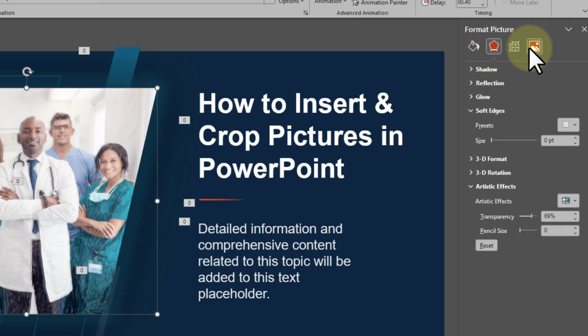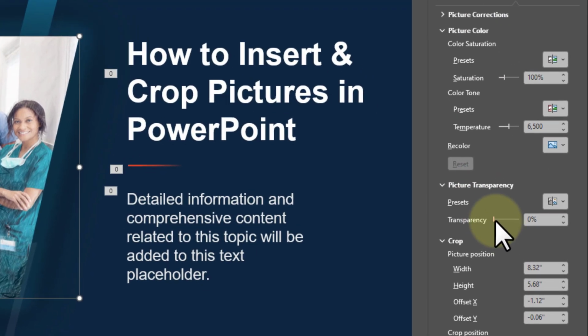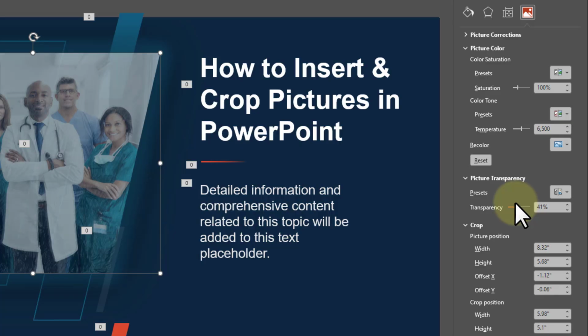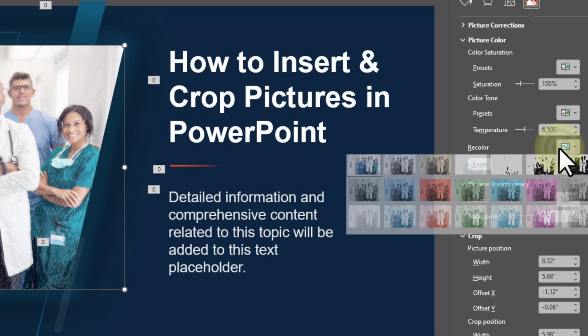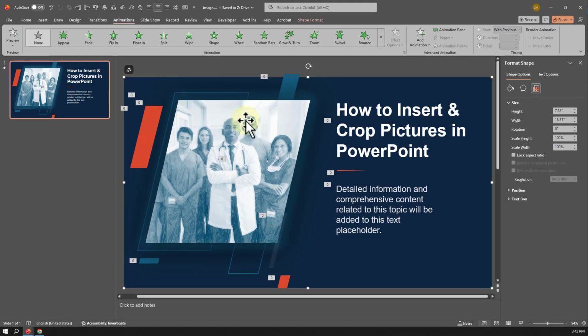If you go over to this last icon, this is more about the color of the image. You can go in here and lower the transparency by picture transparency. If you wanted to see some of the elements behind it and don't want the image to be as dramatic and stand out as much, you can also go underneath picture color to recolor and color to match your slide theme, your color theme.